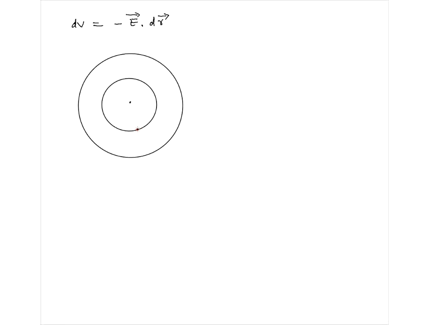So if there are equipotential surfaces, then we can find the direction of electric field by going from one surface to the another surface via the shortest route.